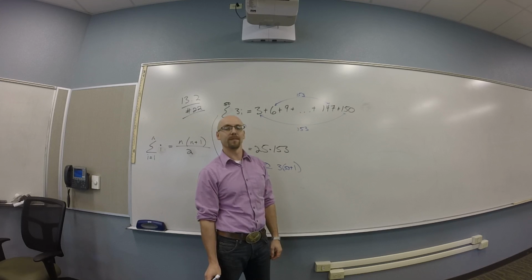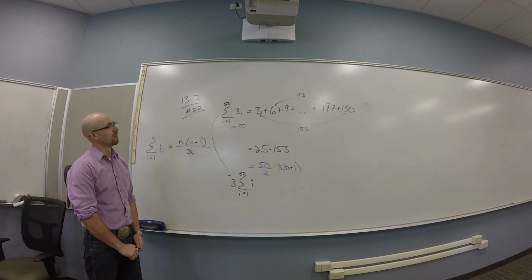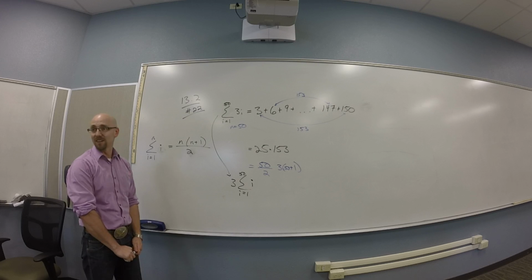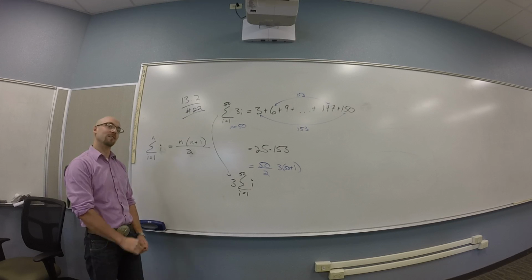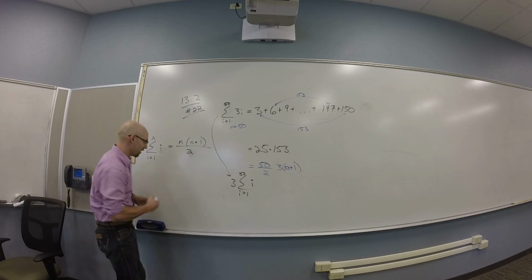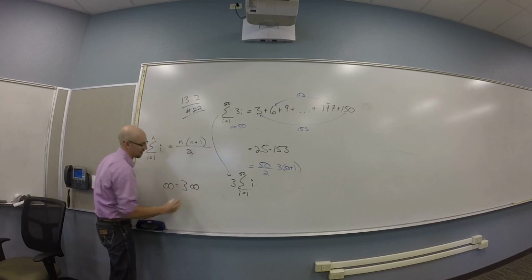What's that? If the top part wasn't 50, say it was infinity, could you still factor out a thing? You can still try, but this thing won't make any sense if it goes from 1 to infinity, right? You're sort of writing this statement: infinity equals 3 times infinity.